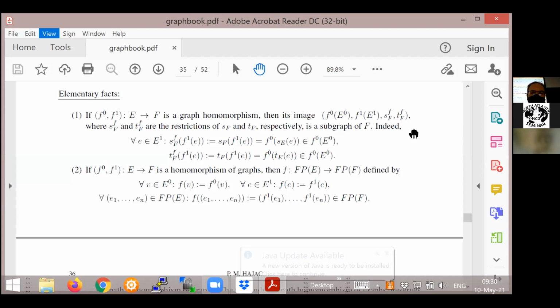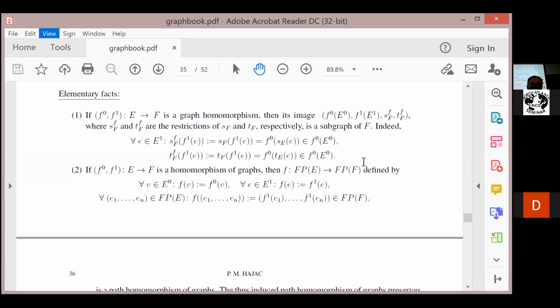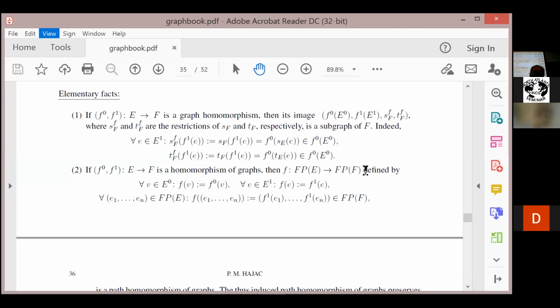Now, as usual, I have to go back for just a while into the previous semester because I want to add some elementary facts about graphs and paths and morphisms. If you remember, we defined a graph homomorphism in a natural way. And then we said that this graph homomorphism includes a map between the space of finite paths, okay?